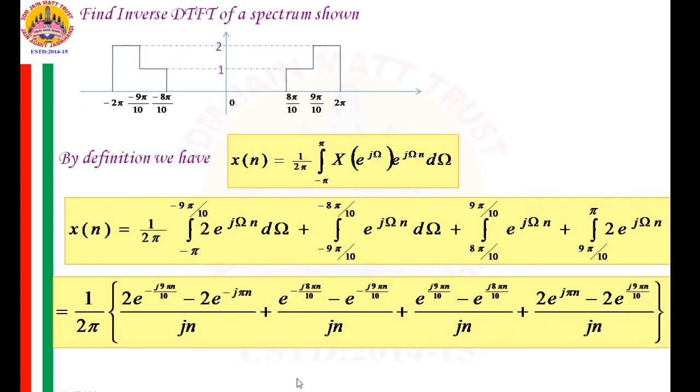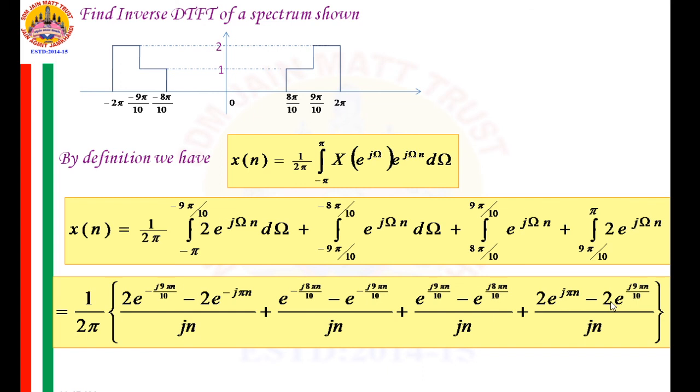Observe that the denominator of all these terms is the same, that is jn. Now what do you have to do? Can you imagine what is possible to do here? You have to collect all the terms together, that is e raised to minus j 9 pi n by 10: 2 into e raised to minus j 9 pi n by 10, if you have this and this. Then you have e raised to j 9 pi n by 10 also.